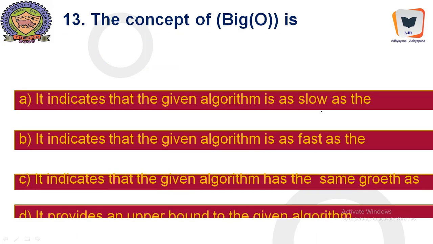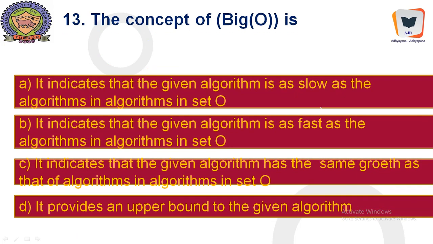Right. Then the concept of big O is a very interesting concept, my dear friends, because this particular concept is used when you have a plethora of algorithms which have been written by different algorithmists to solve the same problem. Then comes the question of selection of the best algorithm. Then this is a metric. Big O is a metric.